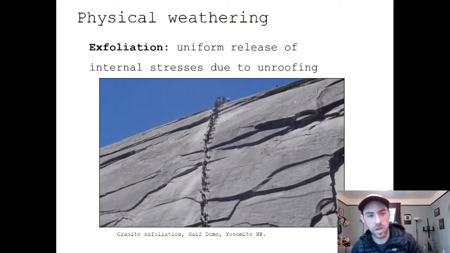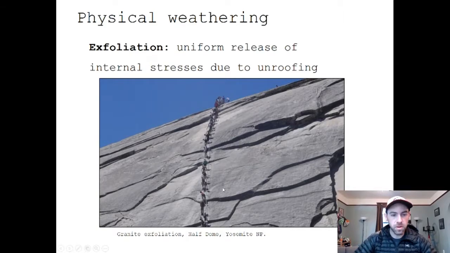That's called exfoliation. Here's a great example from Half Dome in Yosemite National Park, which has a lot of this type of weathering feature exhibited throughout the park. You end up getting large sheets of rock that come off as part of that unroofing process.